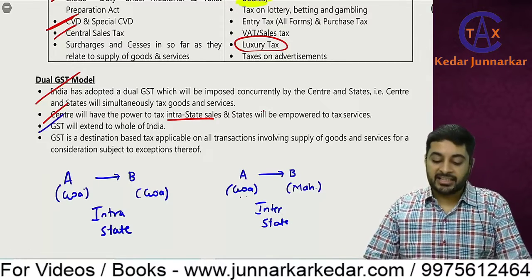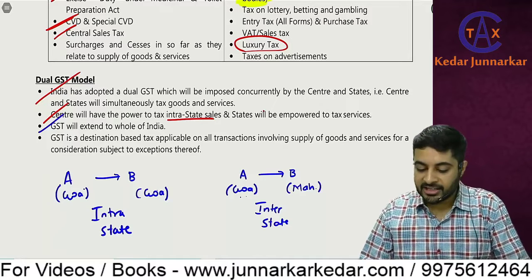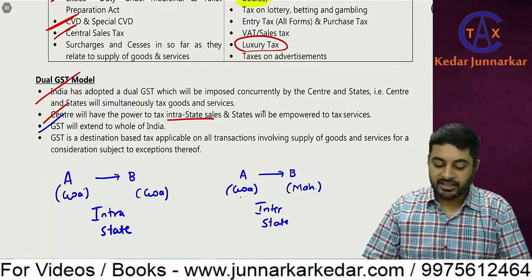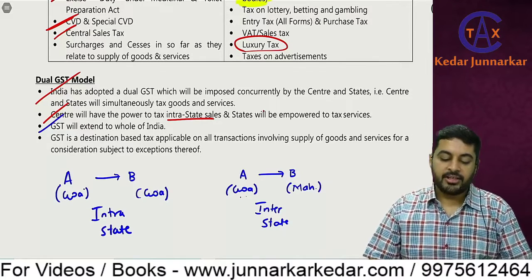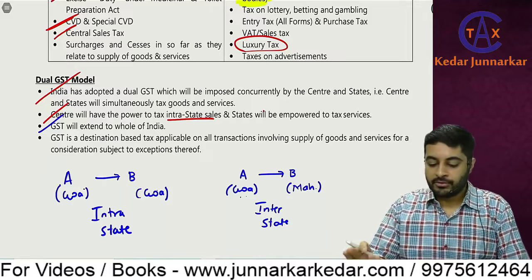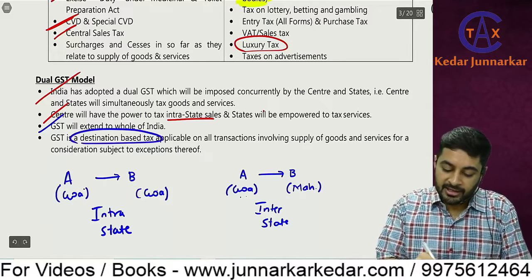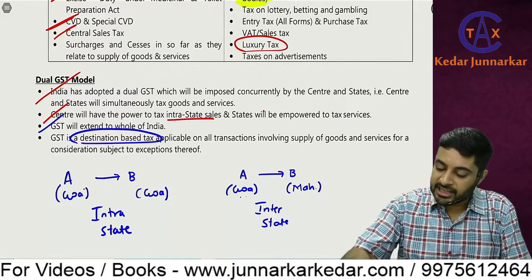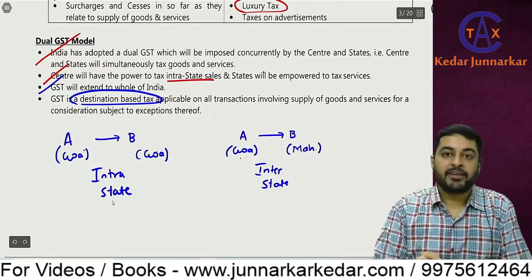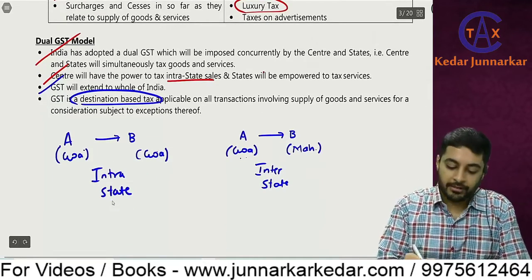Then GST is a destination based tax applicable on all transactions involving supply of goods and services for a consideration, subject to exceptions thereof. So this I already explained. Yes, here in the first transaction, GST will go to which government?